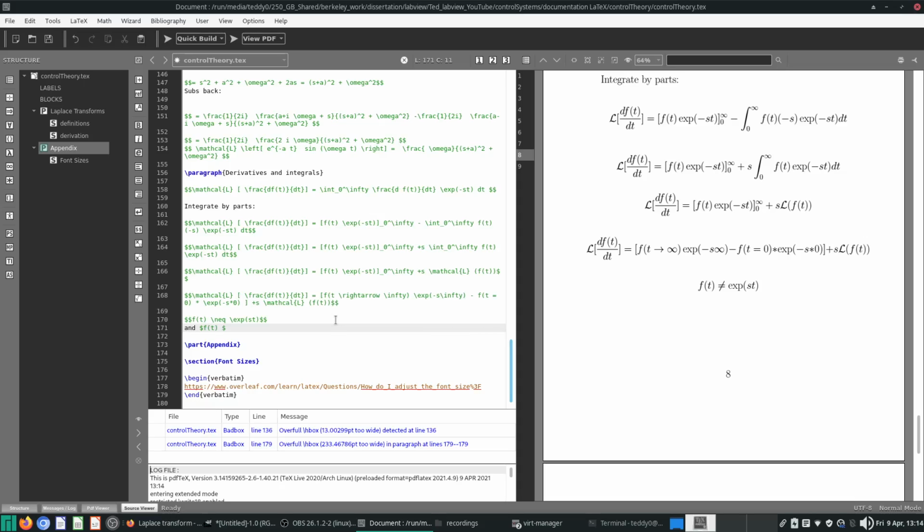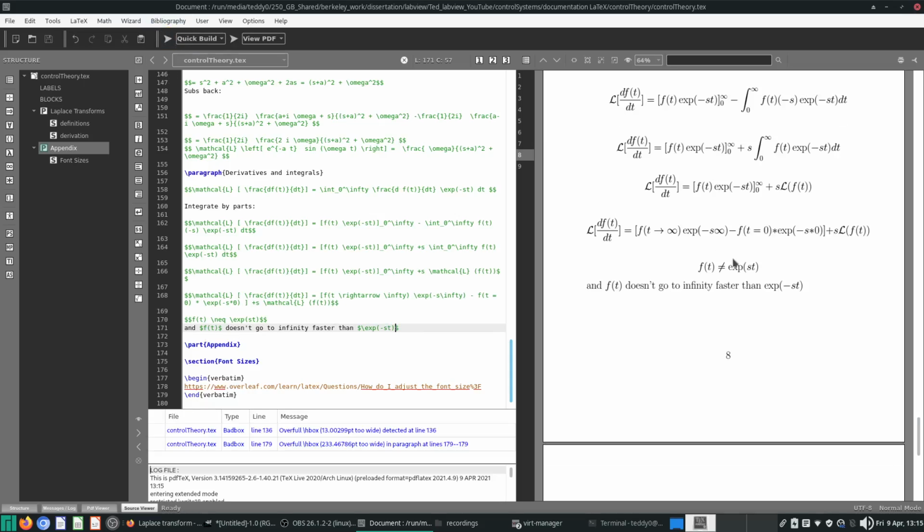If f(t) goes to infinity much faster than e to the minus st decays, then this doesn't work so well.